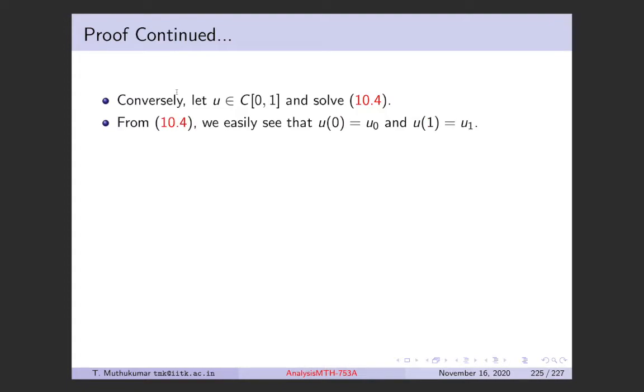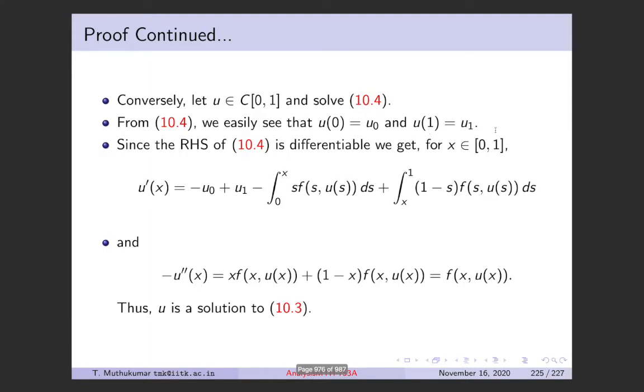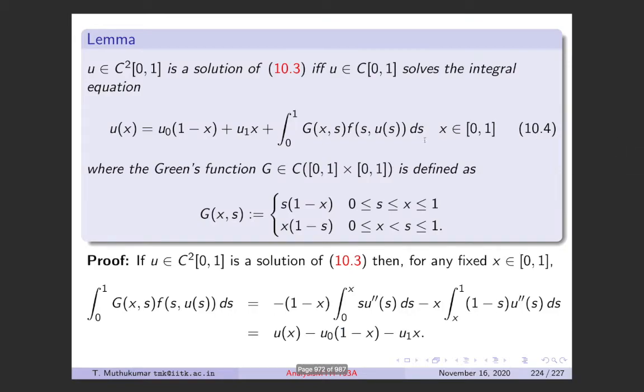So from the 10.4, we easily see that U(0) is u0 and U(1) is u1. If I put x equal to 0 here, what you're left with is u0, everything else will become 0.